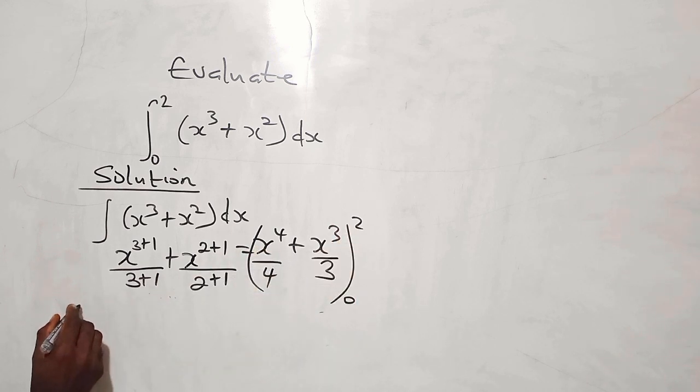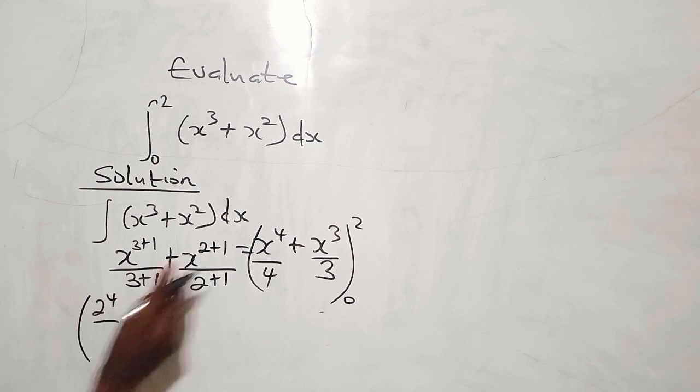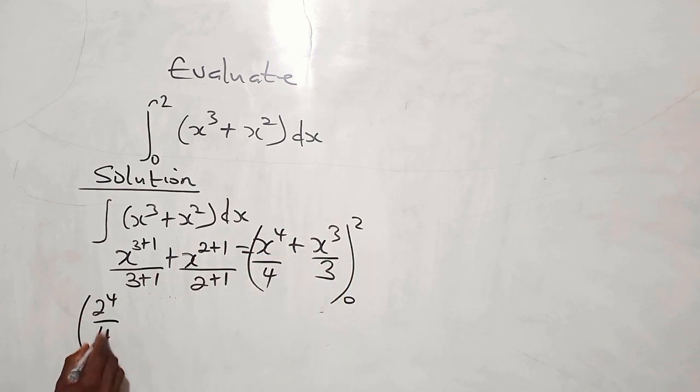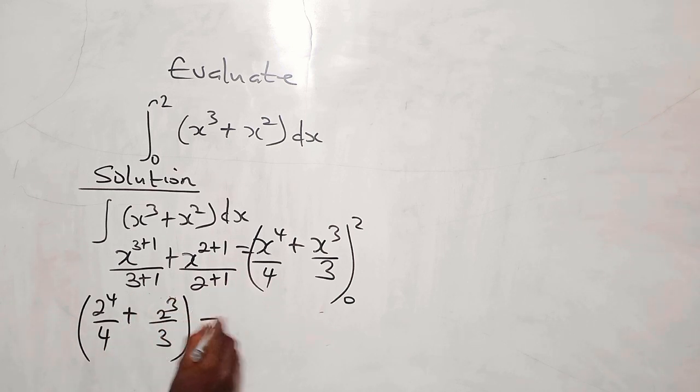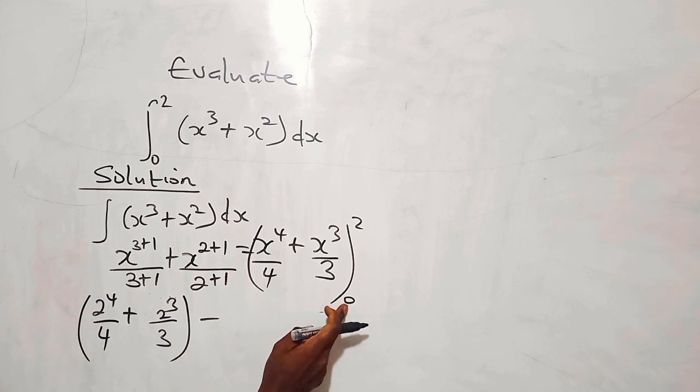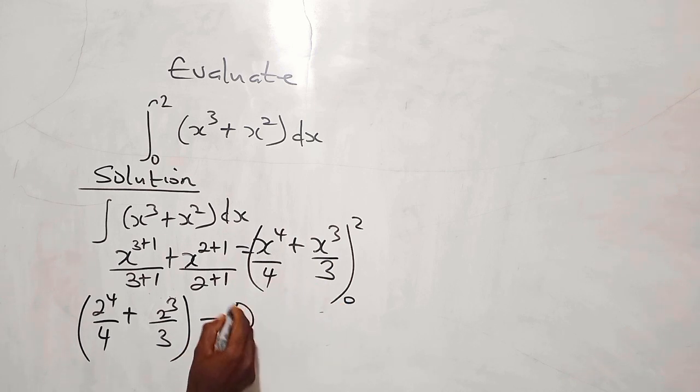So from x raised to the power 4, we have 2 raised to the power 4 over 4, plus 2 raised to the power 3 over 3. Minus, when we substitute 0 into this, everything turns to 0 at the end of the day.